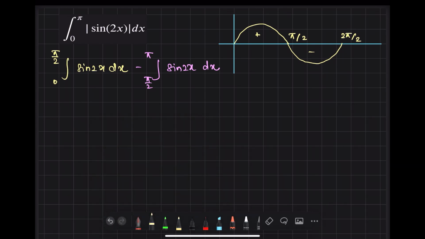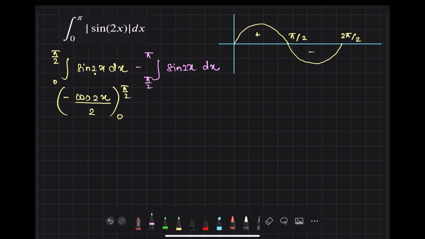So integration of sin x is what? First it is minus cos x, and then the constant which is being multiplied by x will come in the denominator. Then we have to apply the limits 0 and pi by 2.